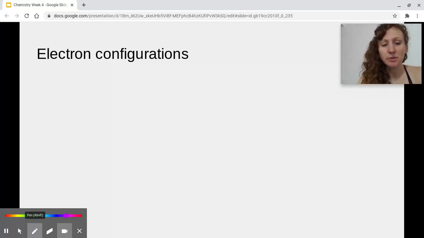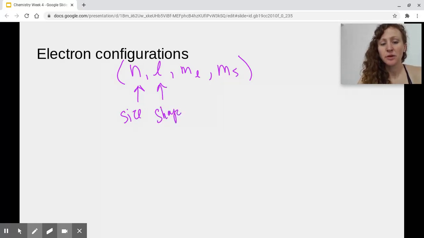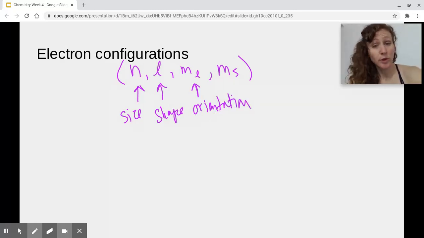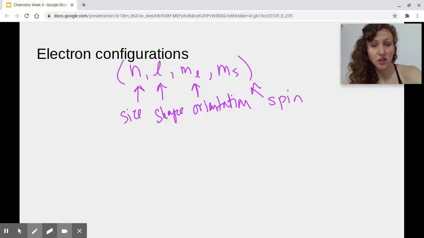Those quantum numbers are N, L, M sub L, and M sub S. Those 4 quantum numbers describe the size, the shape, and the orientation of the orbital where the electron exists. M sub S is going to describe the spin of one electron.